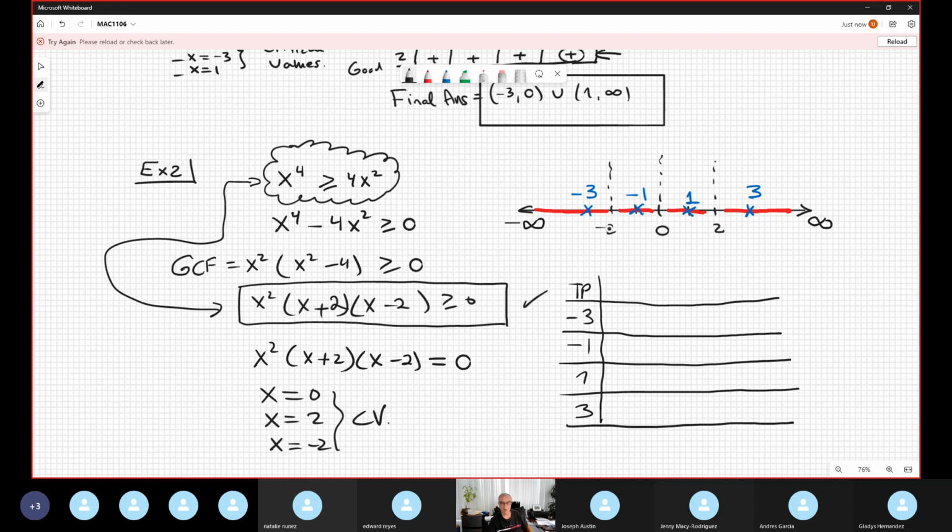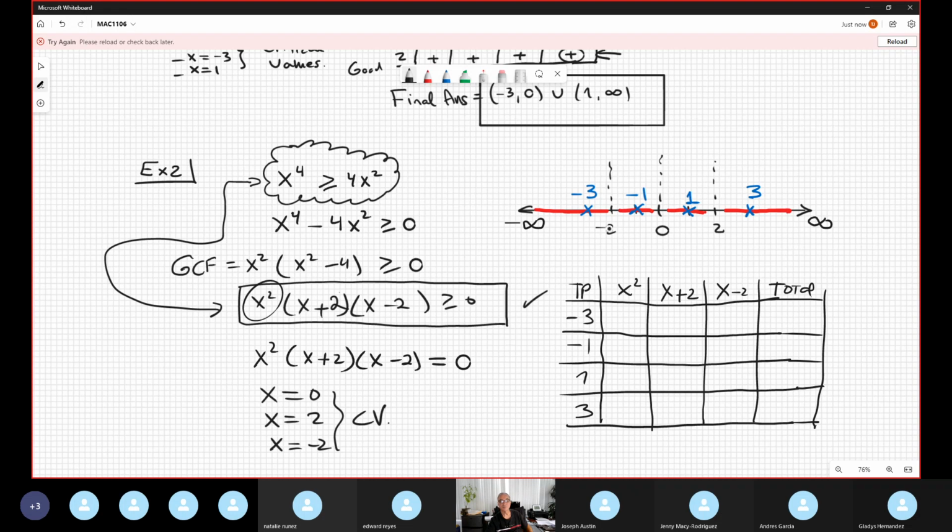And we have different columns according to the factors that we have. x squared is one factor, x plus 2 is another factor, and x minus 2 is another factor. And you include one extra column that is super important, the total sign.